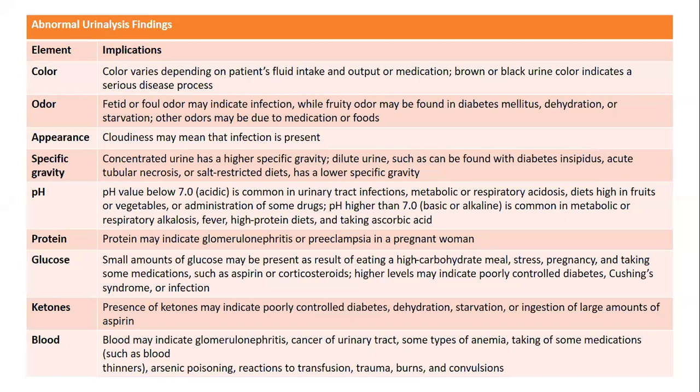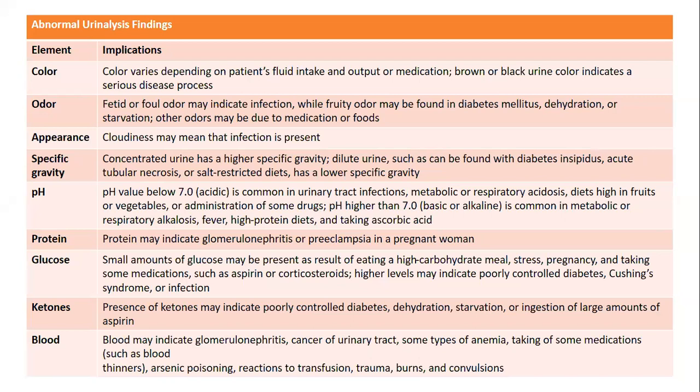Appearance: cloudiness may mean that infection is present. Specific gravity: concentrated urine has a higher specific gravity. Diluted urine, such as can be found with diabetes insipidus, acute tubular necrosis, or salt-restricted diets, has a lower specific gravity.